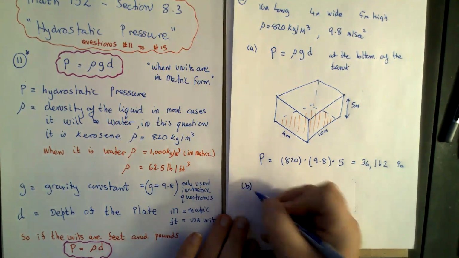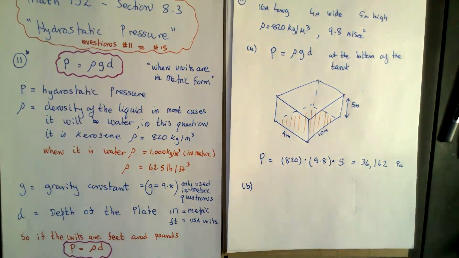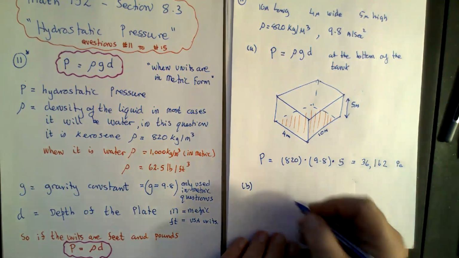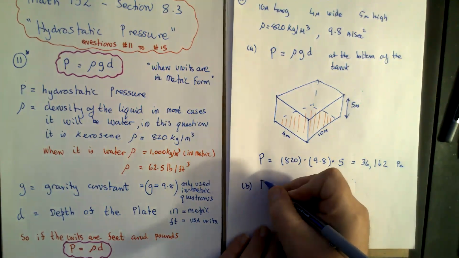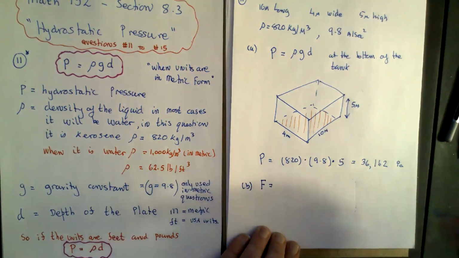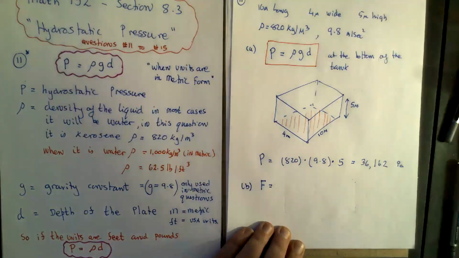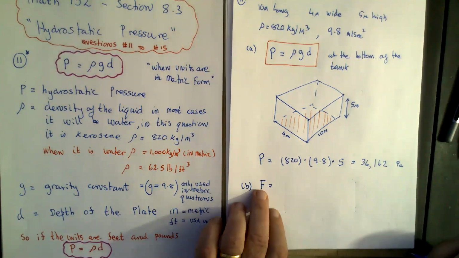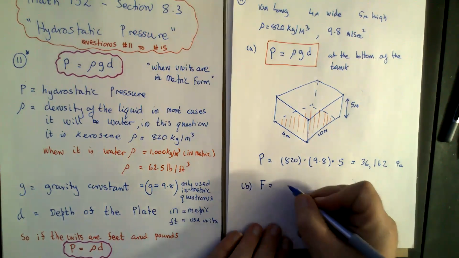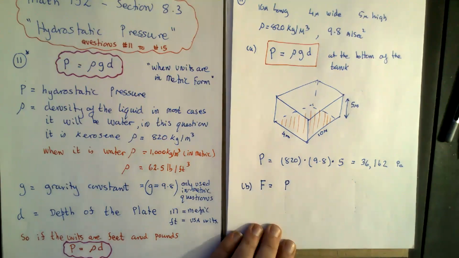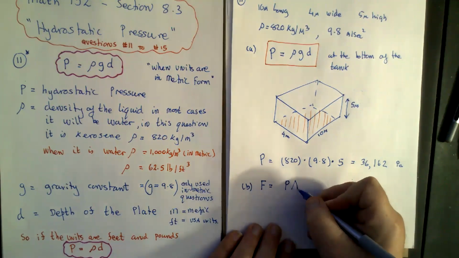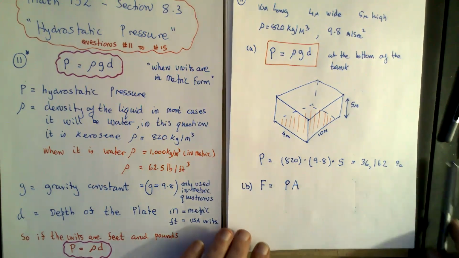Question B is asking us to calculate the hydrostatic force. I put little blocks around the formulas. That's the formula for hydrostatic pressure. Hydrostatic force is found by multiplying the pressure and the area of the plate together.